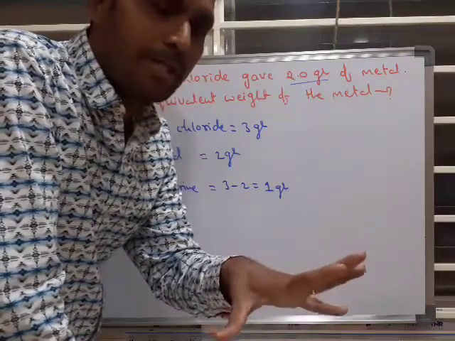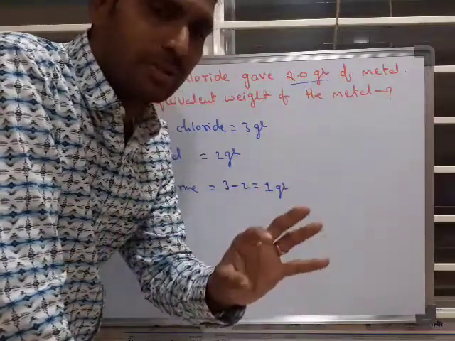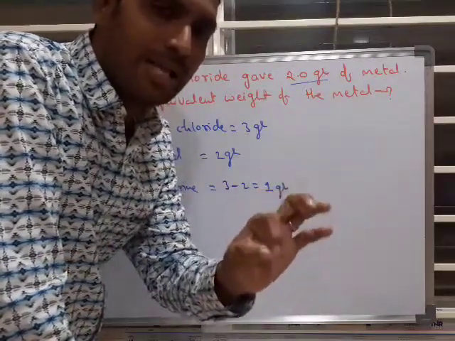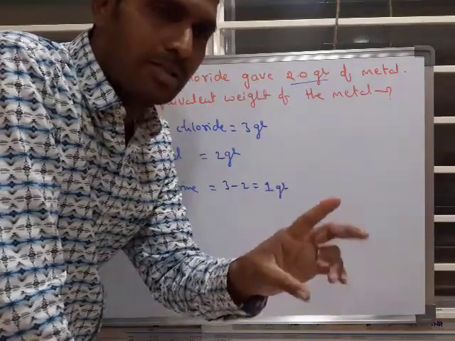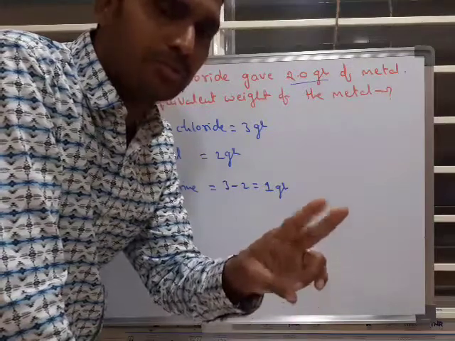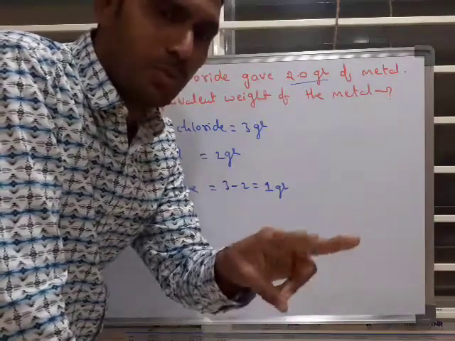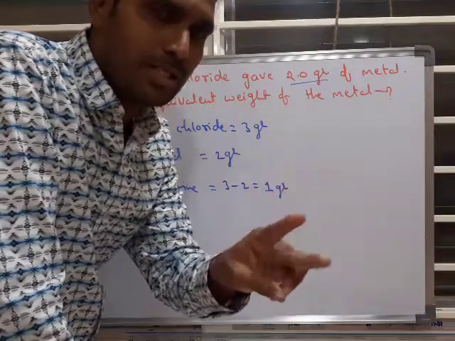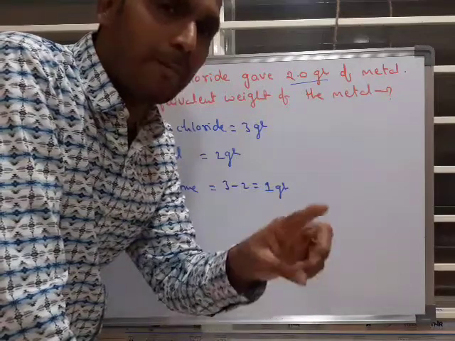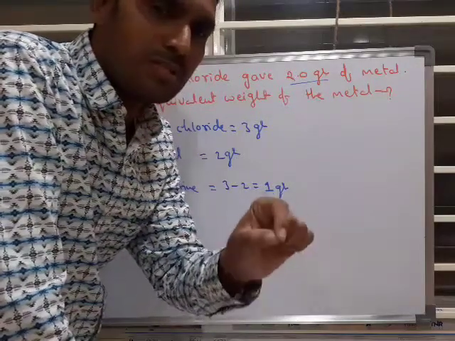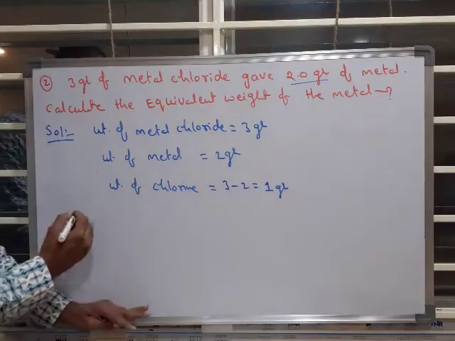And we can compare the milli equivalents of any of the 3 compounds: equivalence of metal oxide equals equivalence of metal, equivalence of oxygen. Here the 2 products are metal plus chlorine, so we can equate those two. Equivalence of metal is equal to equivalence of chlorine. Okay, now we follow that.